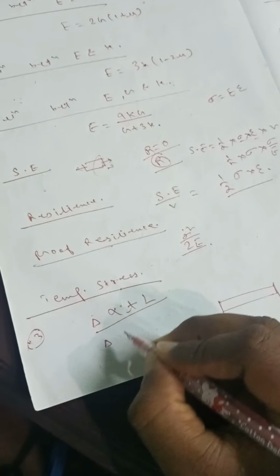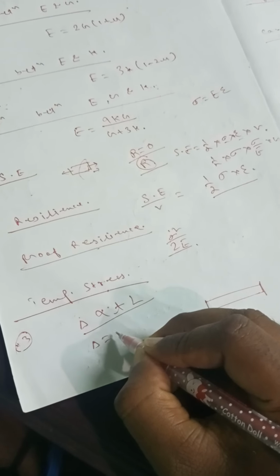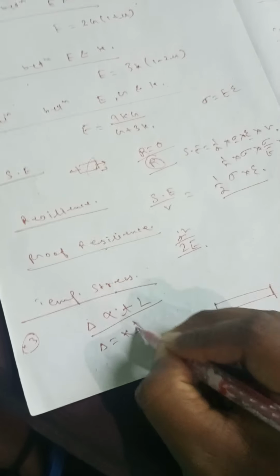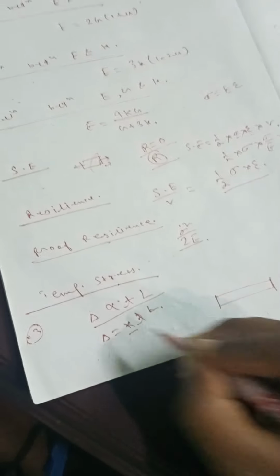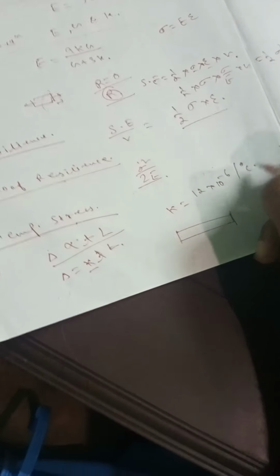And if I remove the proportionality constant, del equals k into T into L. This k is the coefficient of thermal expansion, and its value for steel is 12 into 10 to the power minus 6 per degree centigrade.